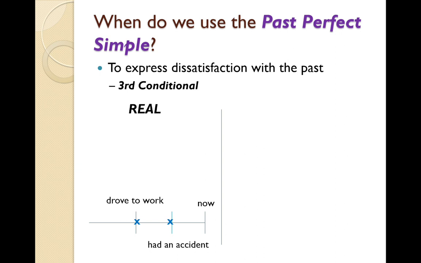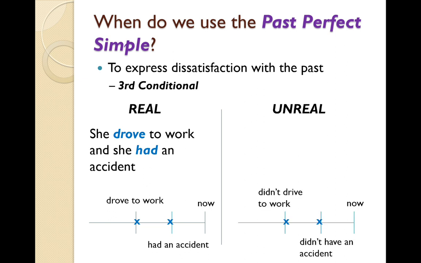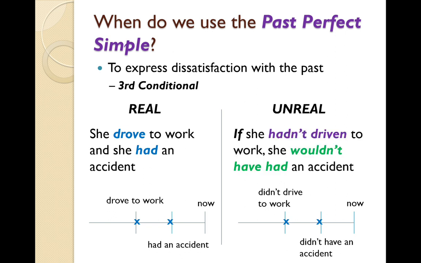So we've got two finished past actions. Pretty negative situation. She drove to work and she had an accident. So this is not a nice past. So we're imagining a different past where she didn't drive to work and she didn't have an accident. If she hadn't driven to work, she wouldn't have had an accident.